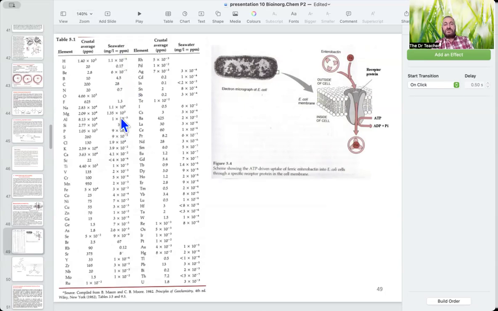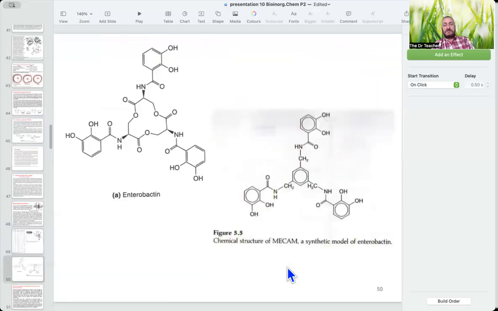In the seawater, you see how much we have. So now you have the enterobactin structure. This is a ligand and chemical structure of MECAM, a synthetic model of enterobactin. It looks like this one.